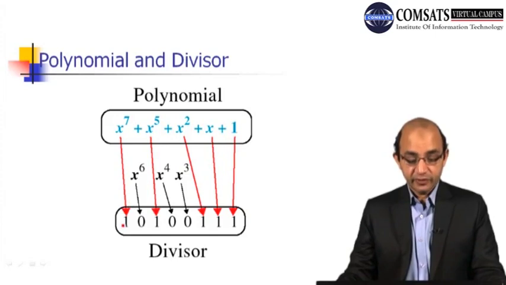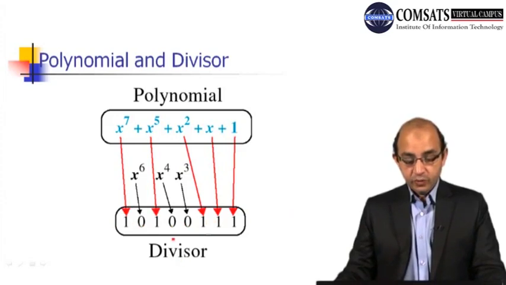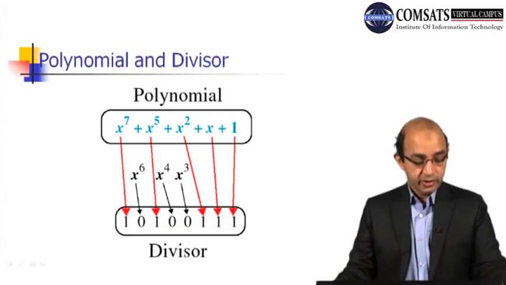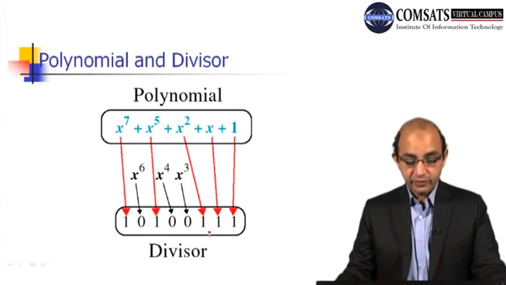We will be writing the polynomial in such a way, x7. First you can see that we have 0, 1, 2, 3, 4, 5, 6, 7. So we are actually counting starting from 0, right? So you can see x5, so this is 5, and here we have 2, this is 1, and this is 0, right?